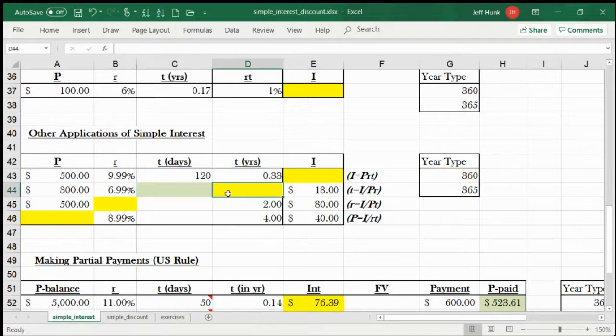And let's see which one has. Suppose this was given as.